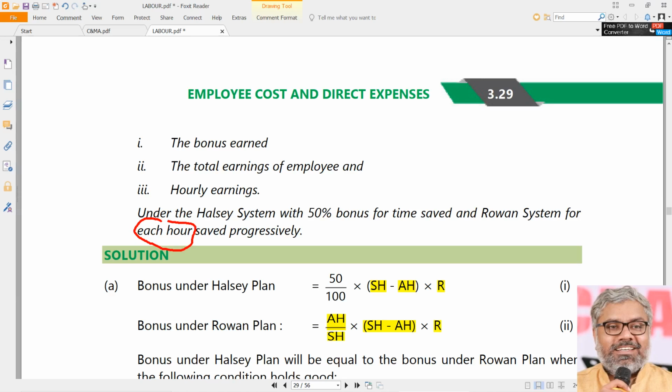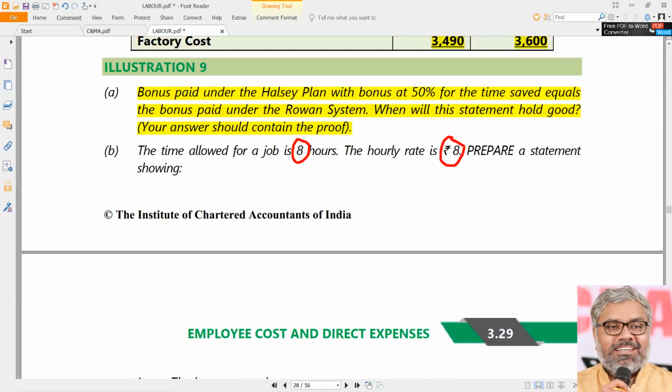So the question is, for each hour saved progressively, how much will be the bonus, how much will be the total earnings, and how much will be the hourly earnings for this employee under Halsey plan and also under Rowan plan. A statement has to be prepared.